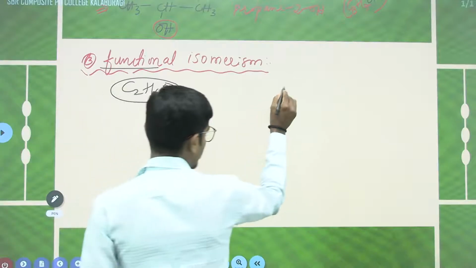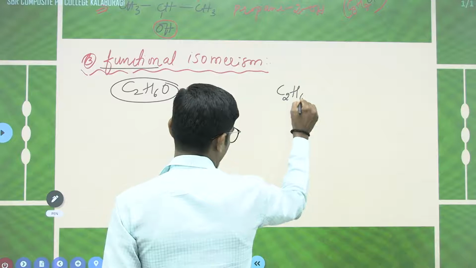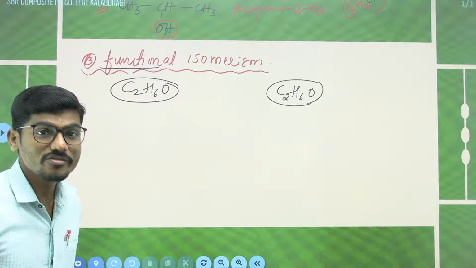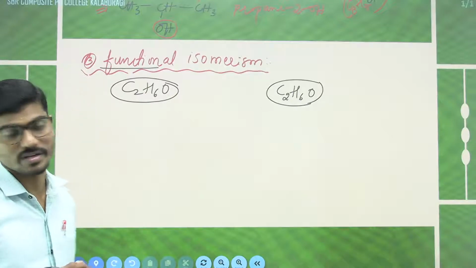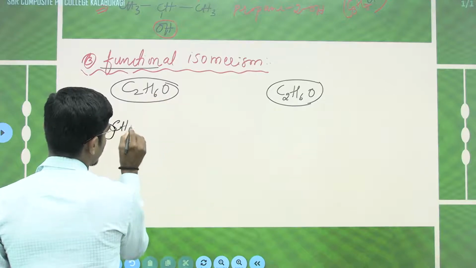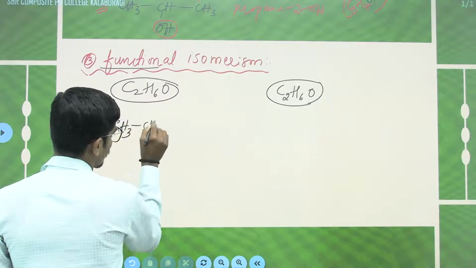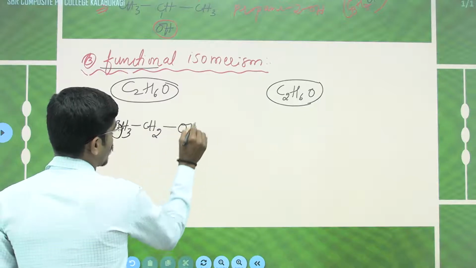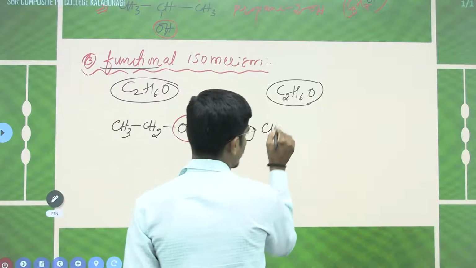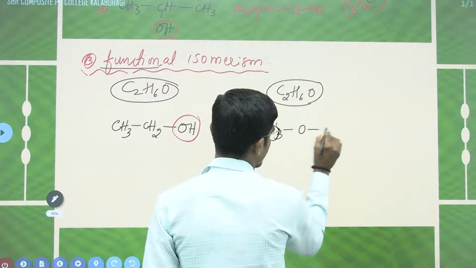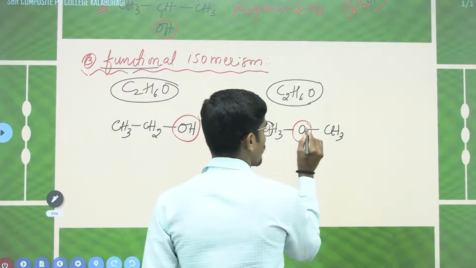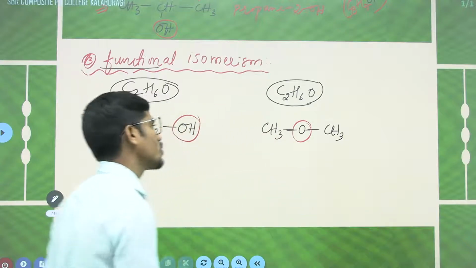C2H6O. Two or more compounds which have the same molecular formula but differ in their functional group itself are called functional isomers. So here we can write this as CH3CH2OH, where the functional group is OH, and it can also be written as CH3OCH3. The molecular formula is the same, but they differ in their functional group.